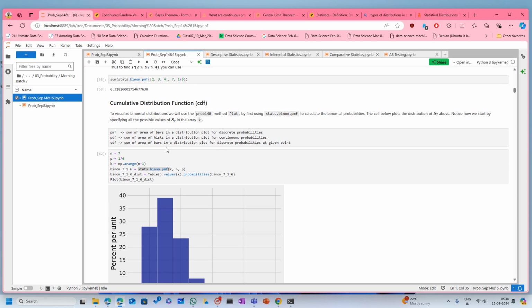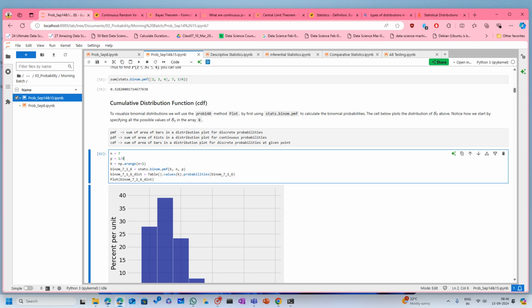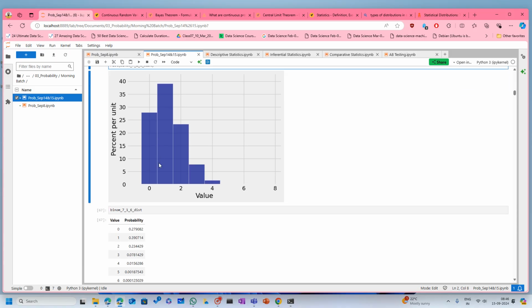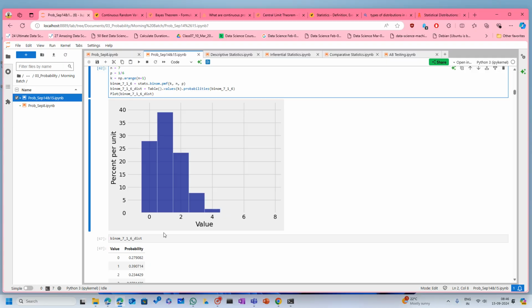And as I explained, the cumulative distribution function is a subset of the probability mass function. The cumulative distribution function is nothing but, if I want to calculate the probability, or the area covered, the sum of probabilities covered by these bars up until this second value, then I have to count 0 and 1. The area covered up until point 2 means 0 and 1 I have to count.